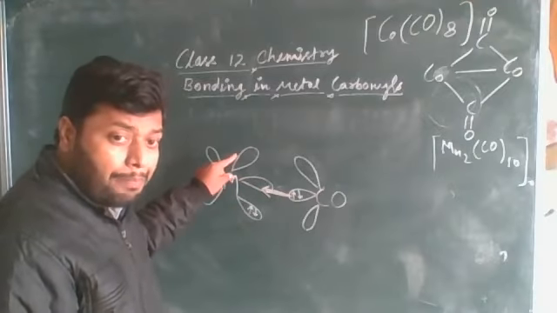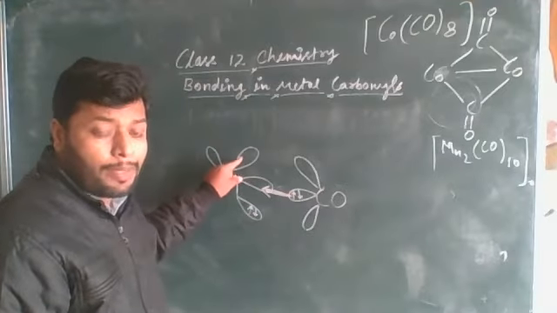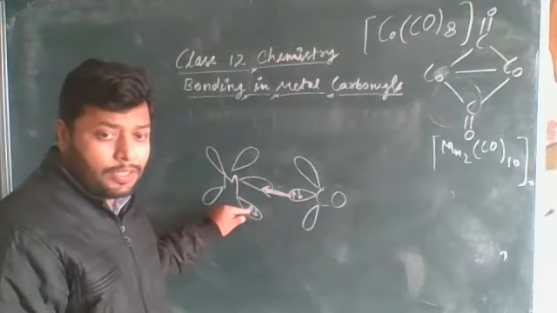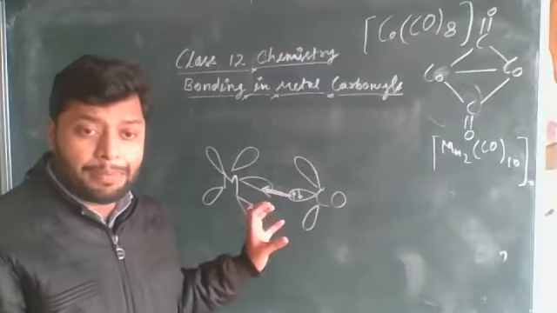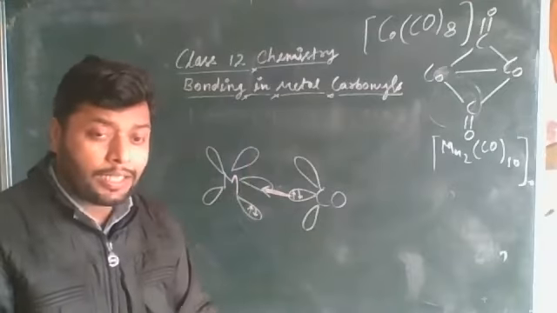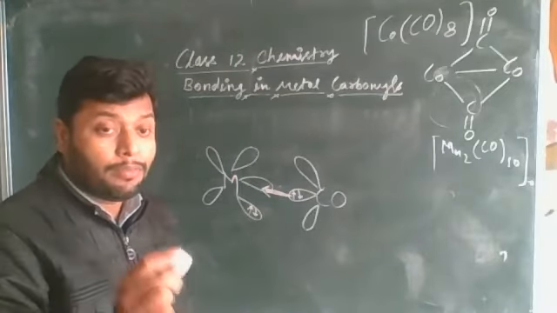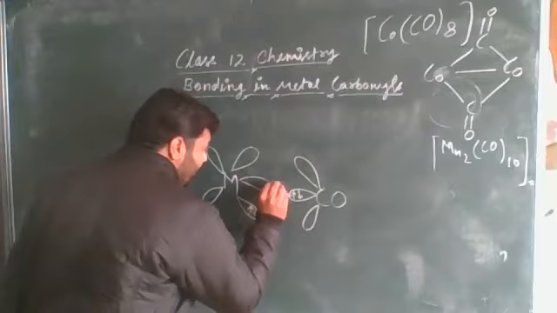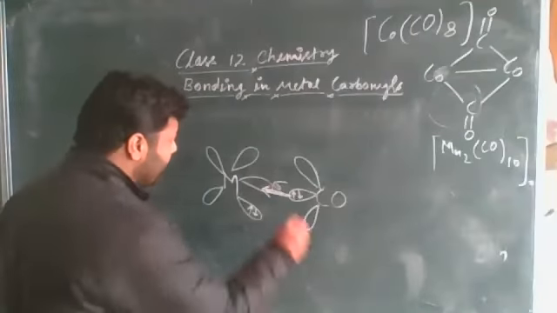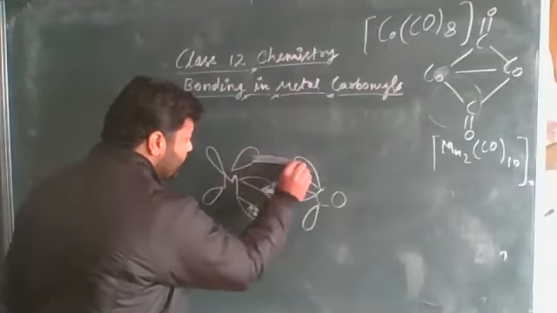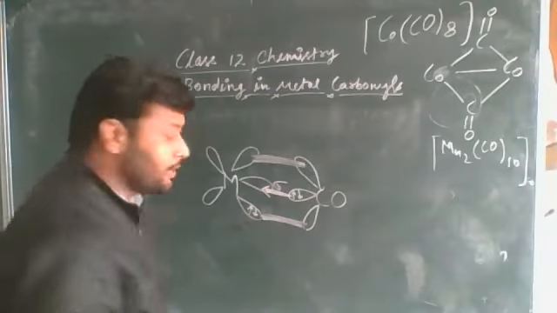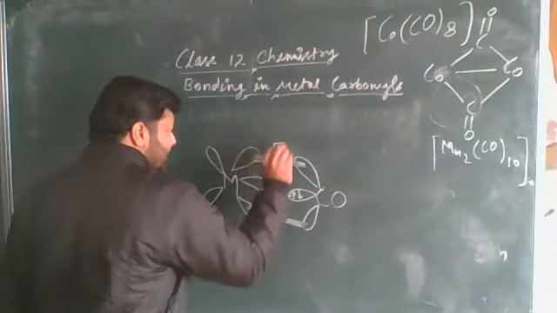This is a p orbital and this is a d orbital of the metal that has filled electrons. So the availability of filled electrons in the d subshell of the metal can make a pi bond. This is the sigma one; a coordinate bond is always a sigma bond. But here a pi bond also takes place.